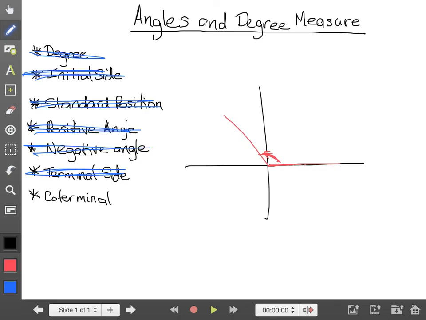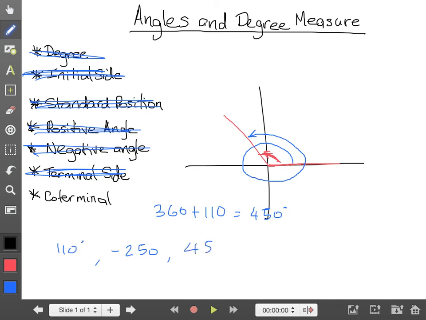Well, we totally can go a full revolution and then keep going until we end up at the same terminal side. So we went 360, full revolution, plus 110, and that gives us 450 degrees. So in addition to being coterminal with negative 250, it is also coterminal with 450 degrees.